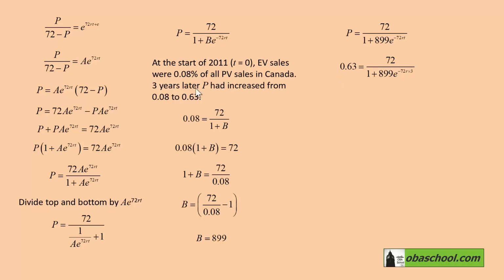So we know that 3 years later p had increased from 0.08 to 0.63. So we'll substitute in that p is 0.63 and t equals 3.